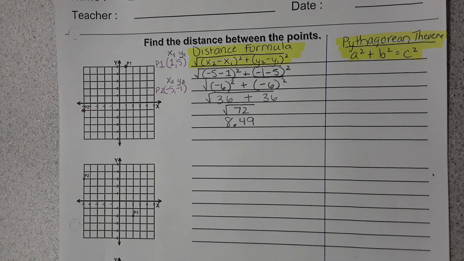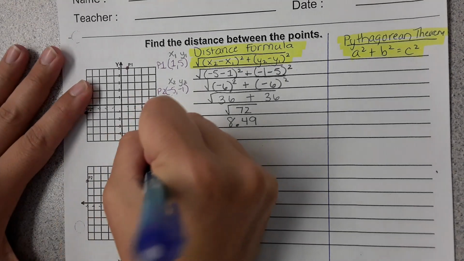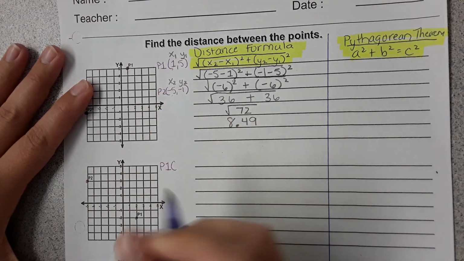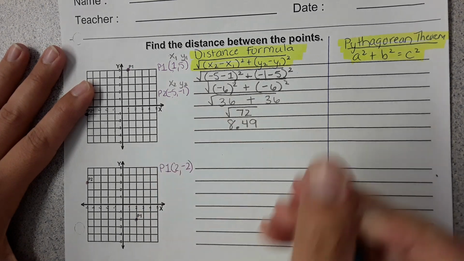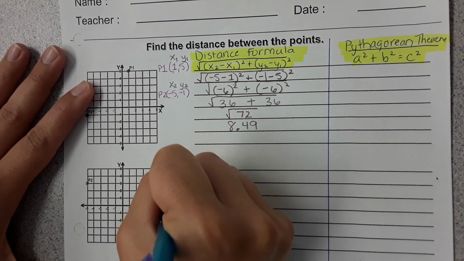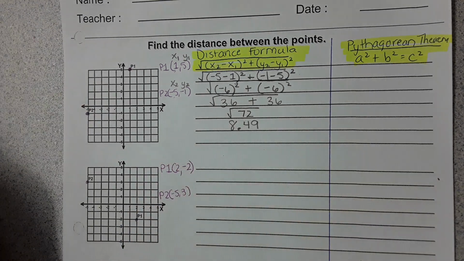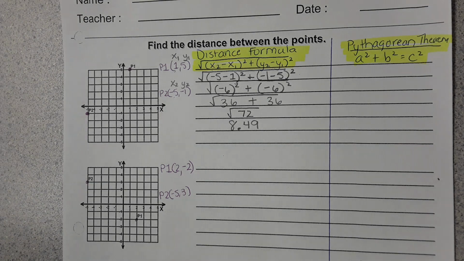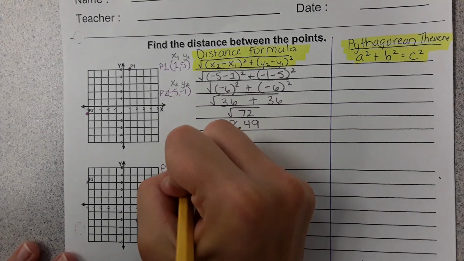Okay, next one, we have point 1 and point 2, so we're going to write down the coordinates for both of those. Point 1, then label your points.